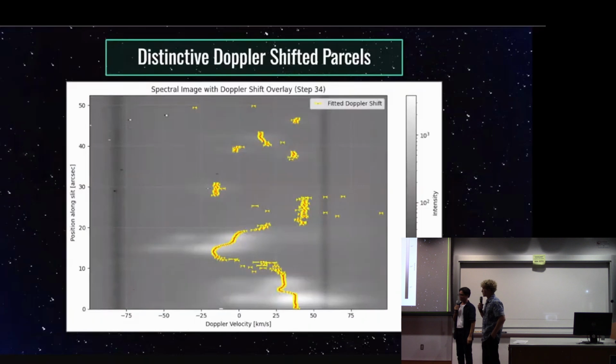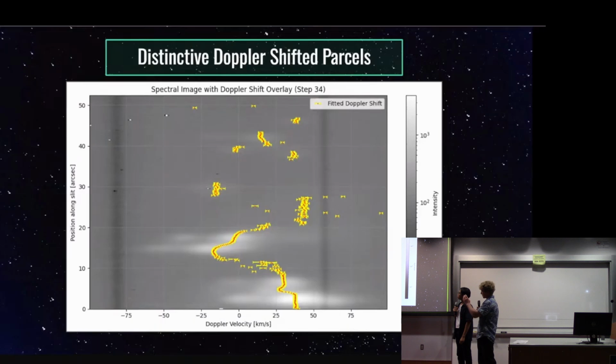Okay, so this is also step 34, and we were able to determine that it was the best, with distinct Doppler shifted parcels. You can see that roughly half of it is on one side of 0, which represents not moving. On the left, it would be moving towards Earth, and on the right, it's moving away from Earth, and that's represented by blue and red.